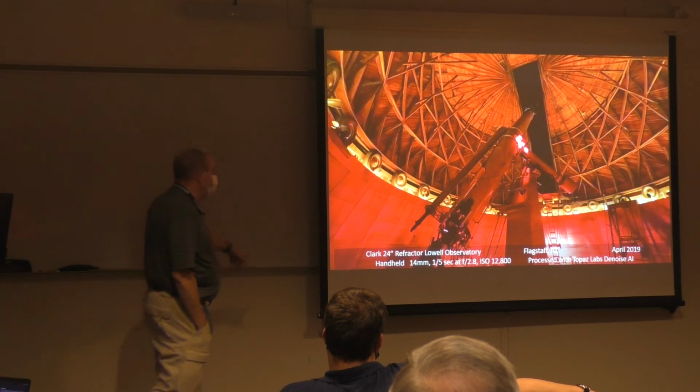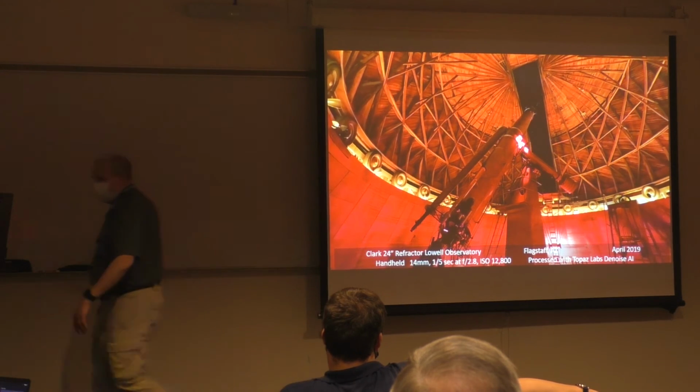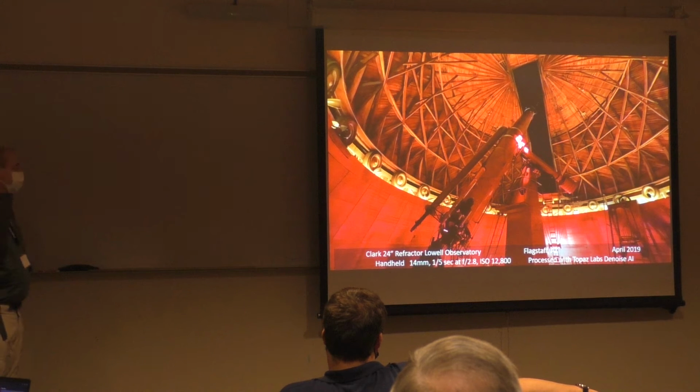This was shot at ISO 12,800 because it was very dark, and then I processed it through Topaz Labs denoise AI, which is a miracle tool, I think. Even though it was handheld, you could see a few stars outside the shutter up on the dome. So that was a memorable night.